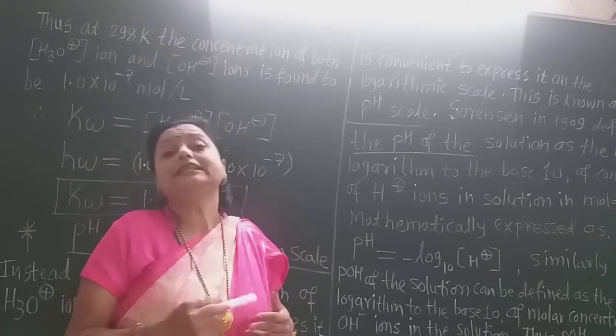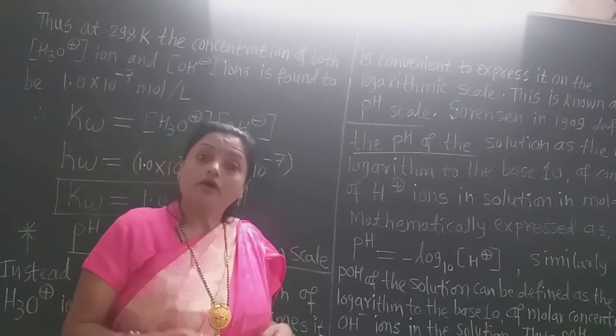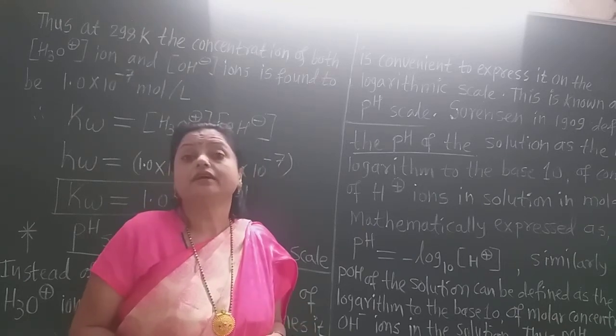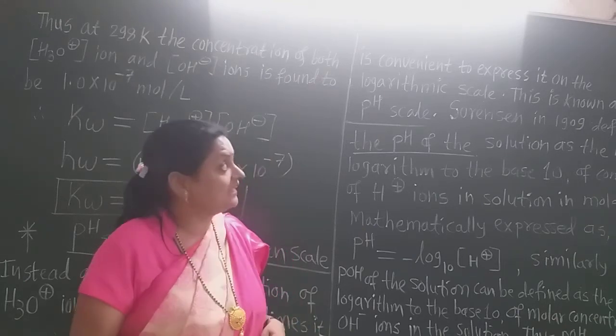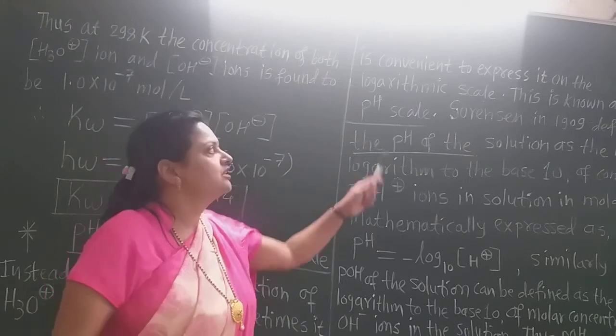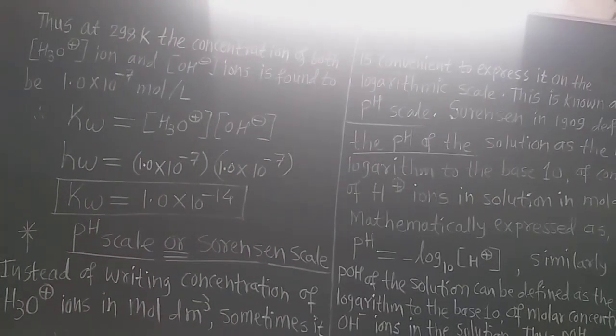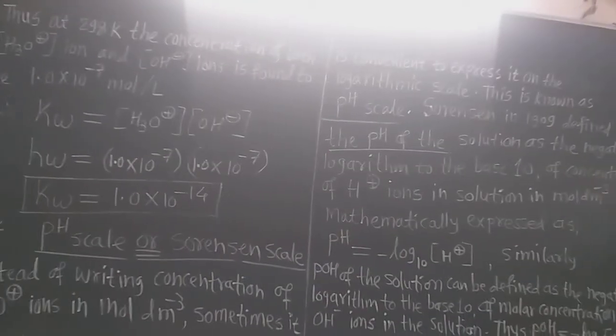This logarithmic scale of the concentration of the H plus ion is called the pH scale. Sorensen is the name of the scientist who developed this pH scale.